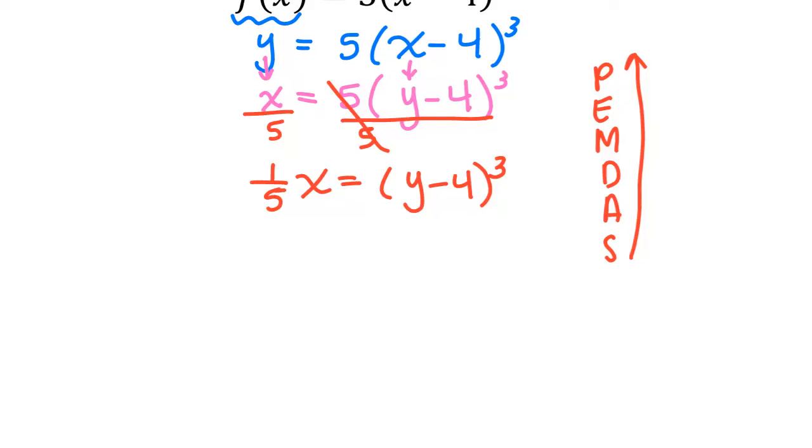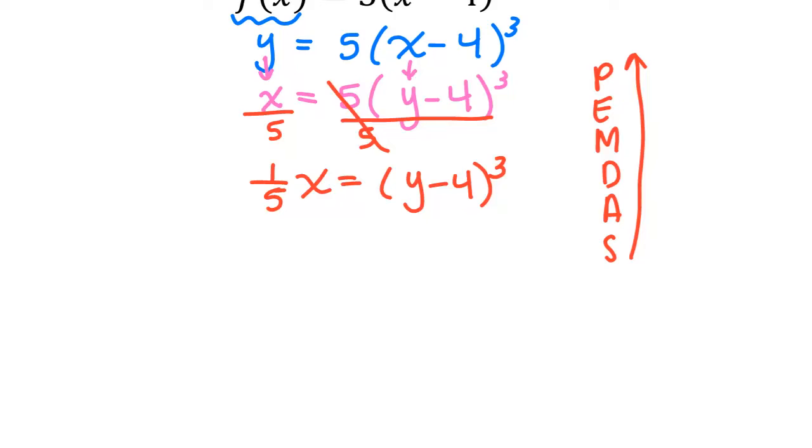Okay? Do I have anything else left over on the outside of the parentheses? Outside of the parentheses, now I get the exponent. So I can't really do anything else here. So now I move on to the exponents. So how do I get rid of the exponent of 3? I kind of talked about it a few minutes ago.